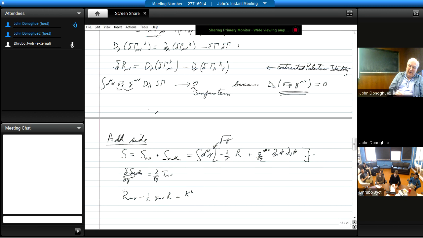All right, so there's a 2 there. There's a 2 sitting here. Turns into kappa squared over 4 T mu nu. And so there's our Einstein equation. Remember, kappa squared was 32 pi G Newton, so this is 8 pi G Newton is kappa squared over 4 when we come there.